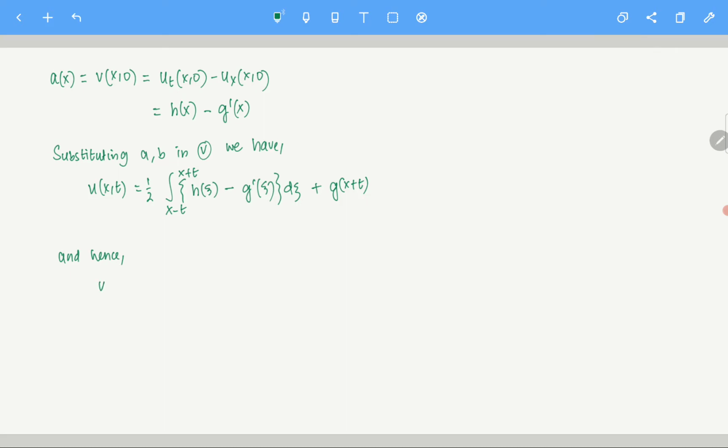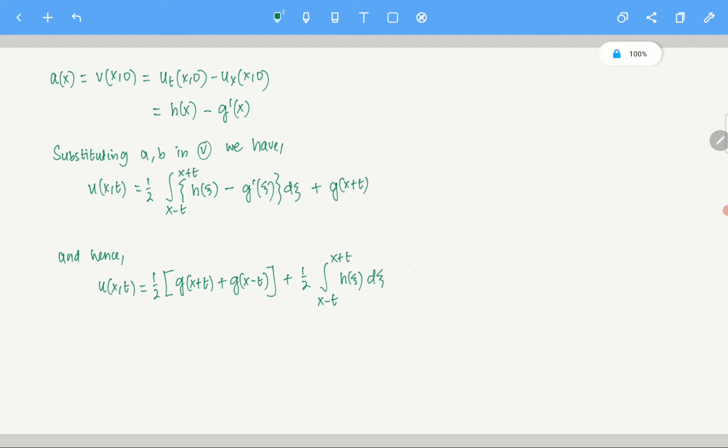And hence u of x comma t will be given by half g of x plus t plus g of x minus t, plus half integral from x minus t to x plus t of h of xi d xi.